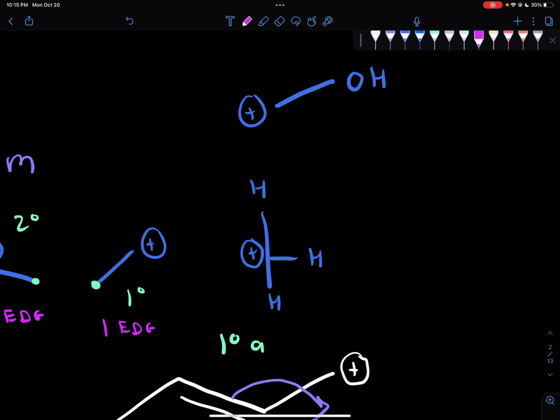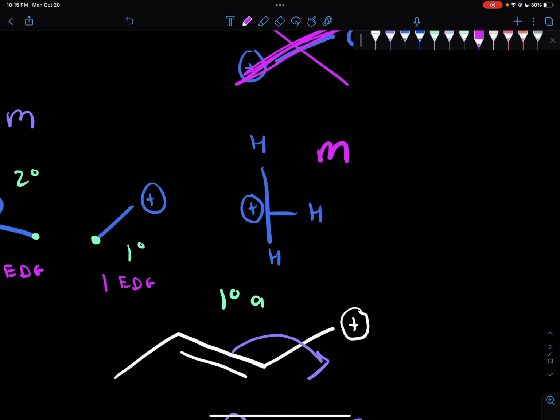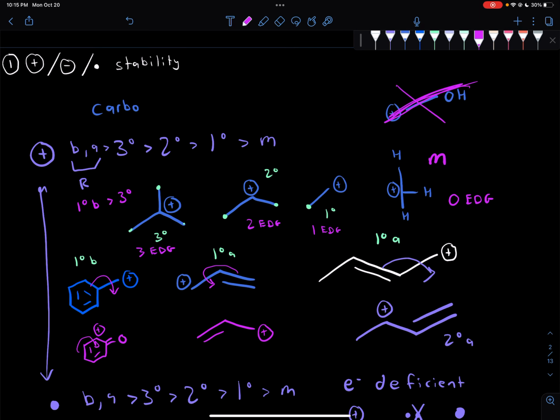When it comes to these methyls, there's nothing. This one you can ignore because OH is an electron donating group, but just ignore that for now. They're not going to confuse you. I just drew it there as an example of what a methyl can look like. But look at this, right? I'm bonded to all hydrogens. This is 0 electron donating groups. So that's gonna be the worst. Okay.